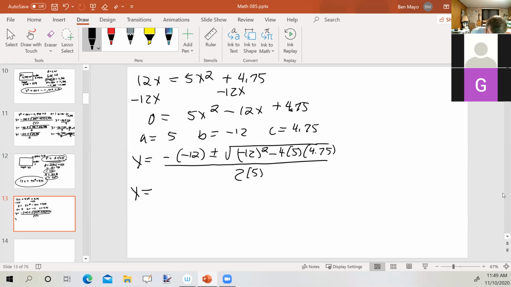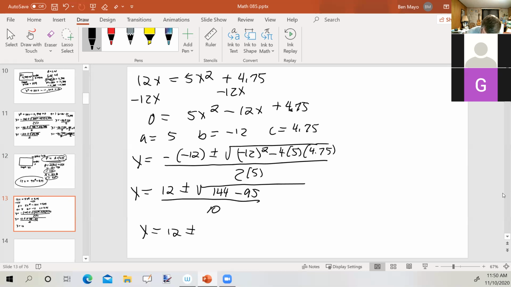Continuing to simplify, x equals 12 plus or minus the square root of 144. And let's see, now we've got negative 4 times 5 times 4.75, which comes out to minus 95, all over 10.